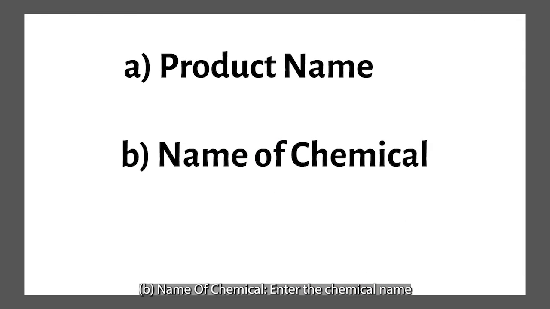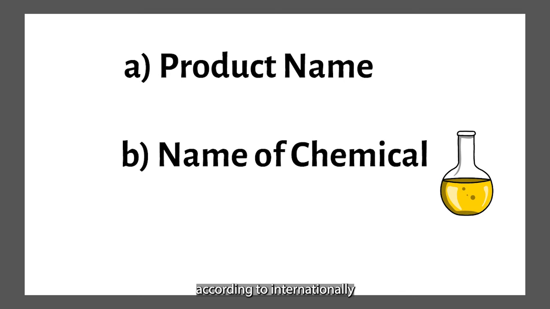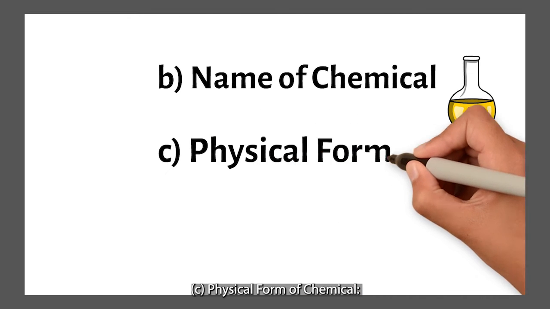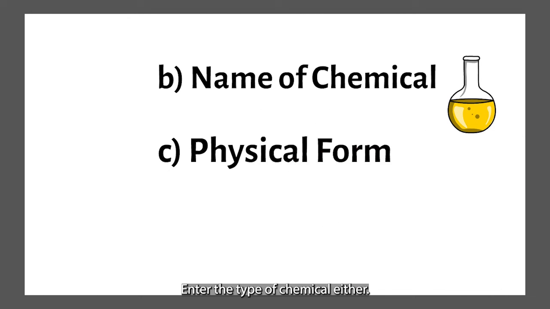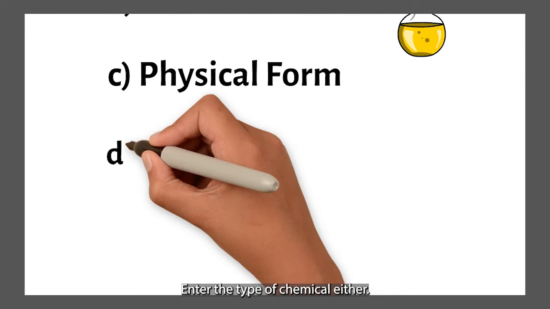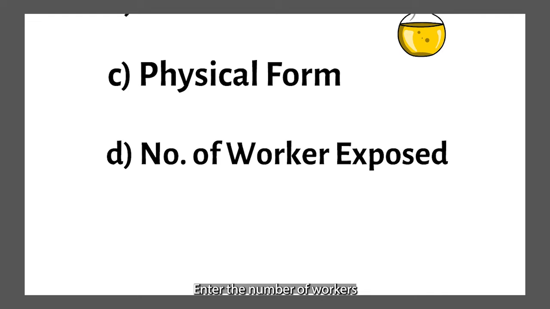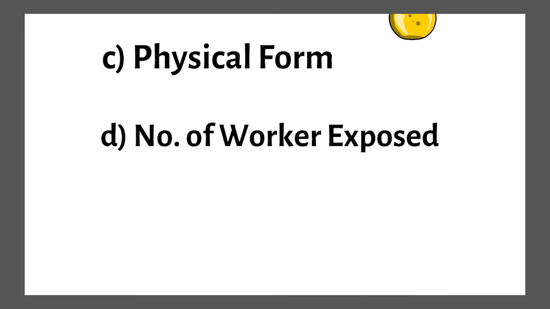Enter the chemical name according to internationally recognized nomenclature and other common synonyms or acronyms as stated in SDS. Physical form of chemical. Enter the type of chemical. Number of workers exposed. Enter the number of workers exposed to each chemical used or produced.